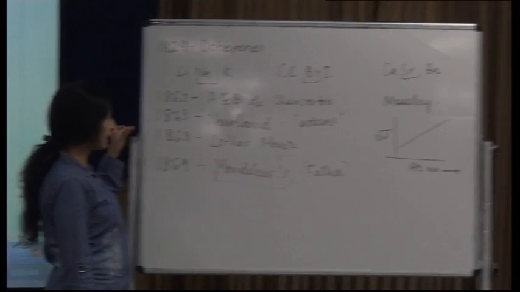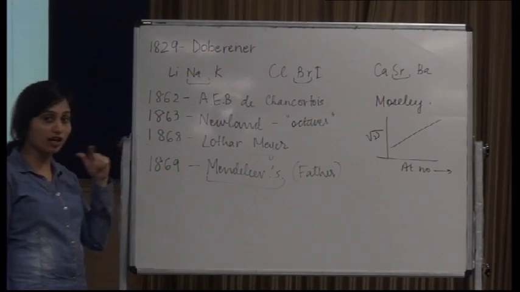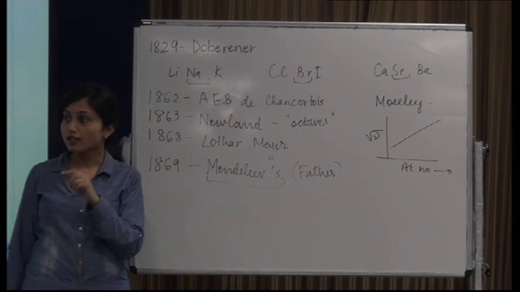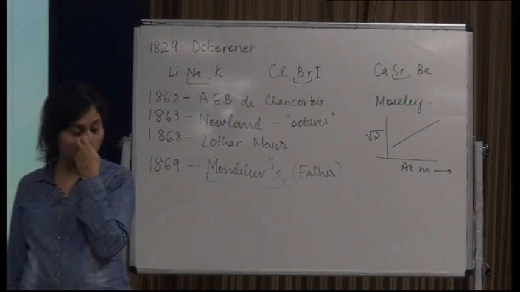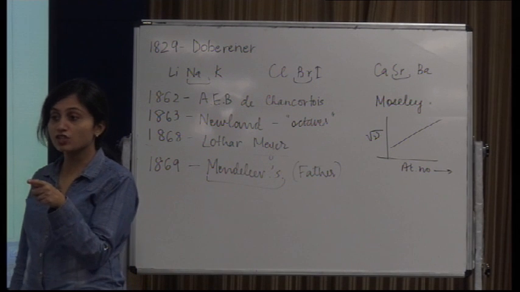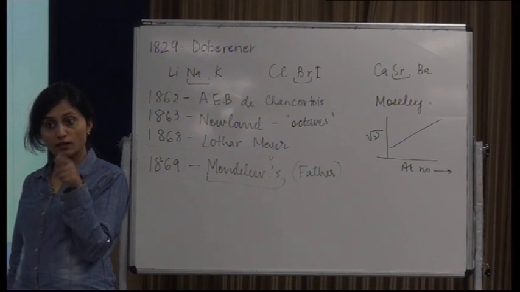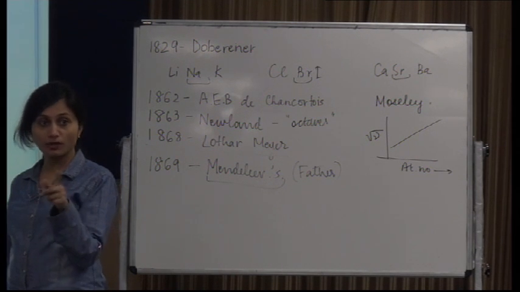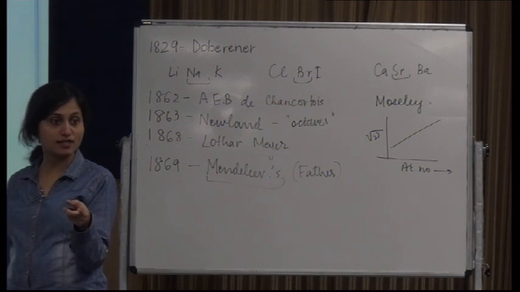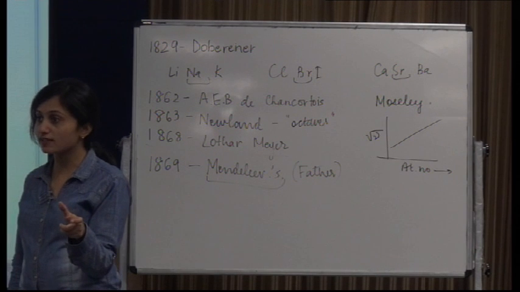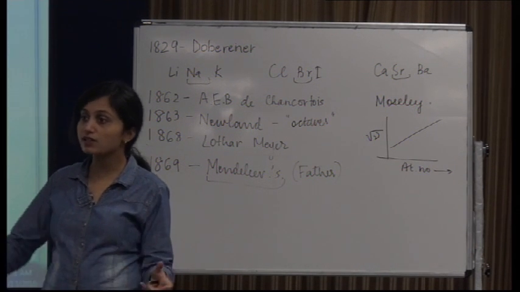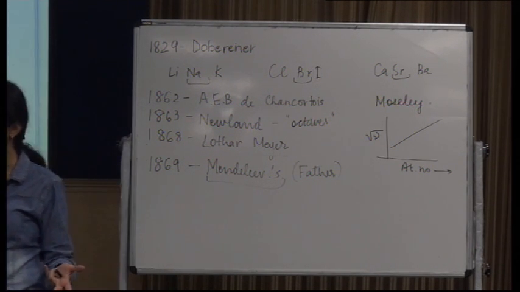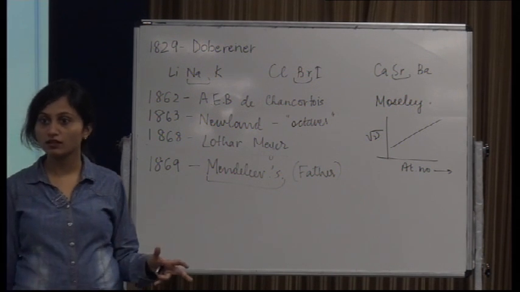And then in 1868, Lothar Meyer had already started accomplishing his research, which was based on the elements being arranged according to their lengths and their relation with the atomic masses. So length was also taken as an important criterion. Length means we are talking about the size. Clear with it? So size.